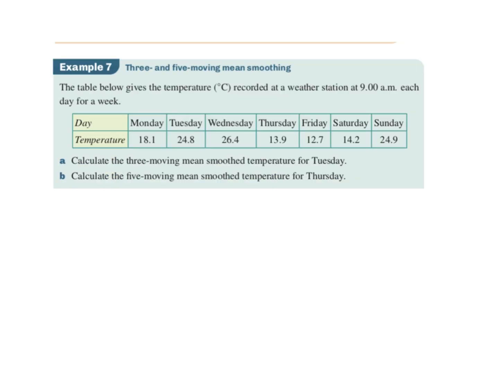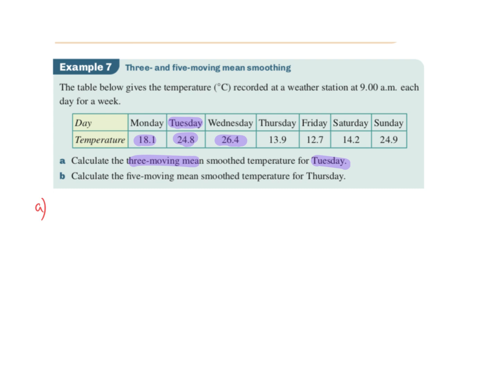Here is an example of what you can get. They're not going to make you do the whole set of data; you'll get asked to do individual ones. The table below gives the temperature recorded at a weather station at 9 a.m. each day of the week. The first question says, calculate the 3 mean smoothing for Tuesday. So you go to Tuesday. When you have 3 mean, you obviously need Tuesday, and because you need 3 numbers, you choose 1 below it and 1 above it.